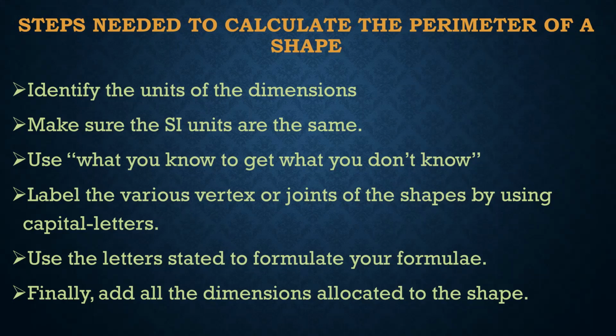For the formula, you already know the perimeter is the addition of all the dimensions. So you have to give names to the line segments that form the shape. That is why you use the letters to identify the joints, so that you'll be adding all the line segments before you do the substitution with the dimensions.